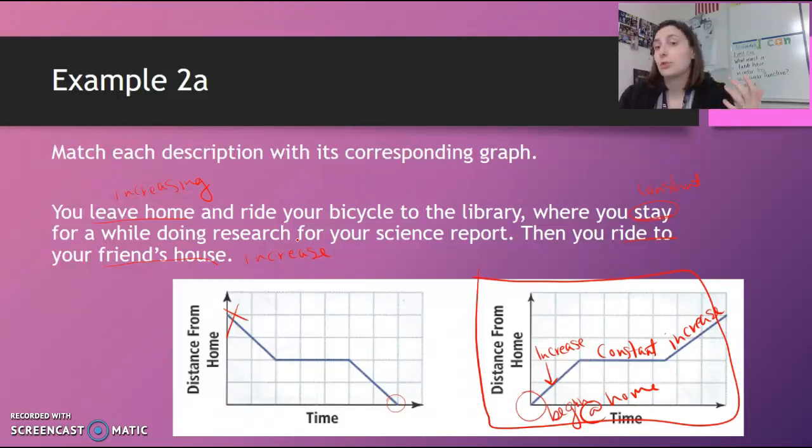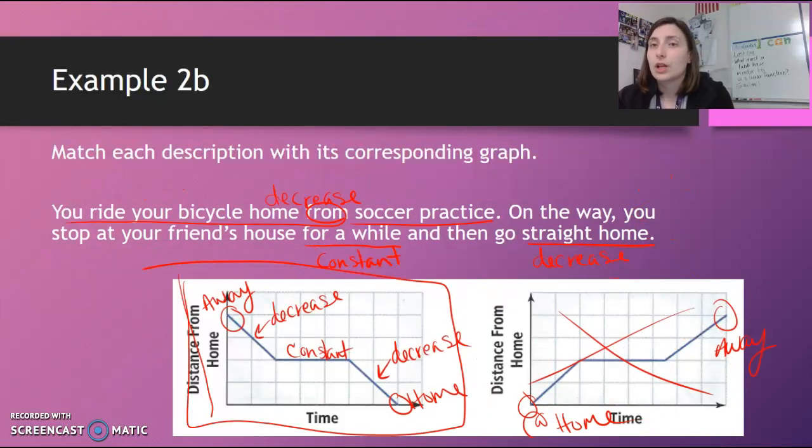And maybe it could be an increase, constant, decrease, or a decrease, constant, increase. You never know. But by marking it in your paragraph first, you're allowing yourself to think about it before trying to worry about where you are on the graph. And I think that helps, finding those keywords first. And that is it for Chapter 7.